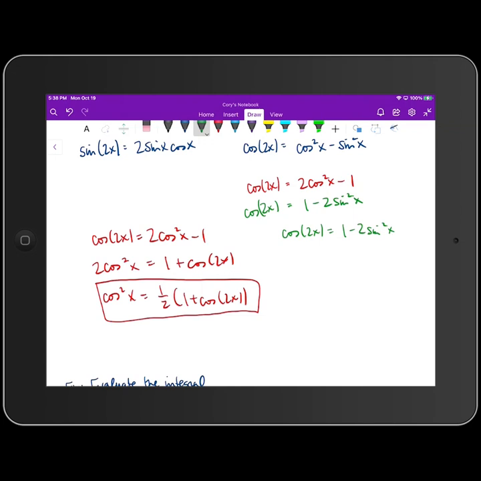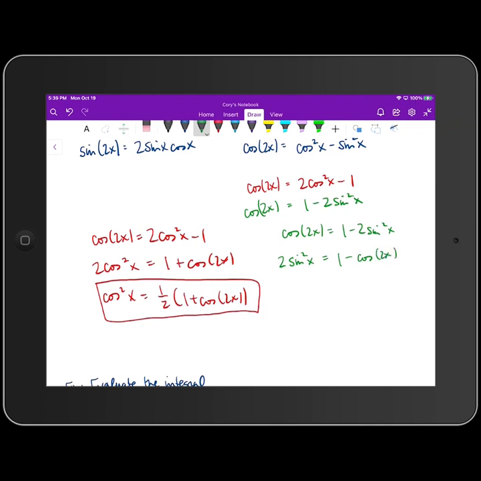Okay, I'm going to take the equation in green, and for the equation in green, I want to isolate sine squared. So I'm going to add 2 sine squared to both sides and then subtract the cosine of 2x on both sides. So that's going to make 2 sine squared of x equal to 1 minus the cosine of 2x.